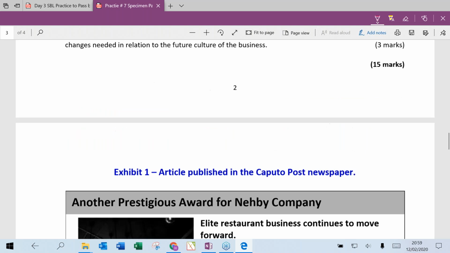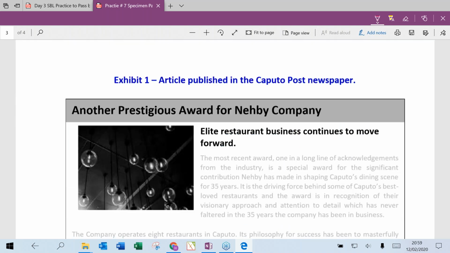So exhibit 1. Now we know that we have to analyze the culture. And what are the 6 things? It is power structure, in which we talk about the leader of the organization, then organizational structure, in which we talk about the organogram or the composition of the board. Then we talk about control systems, in which we look for words like cost focus or quality focused.